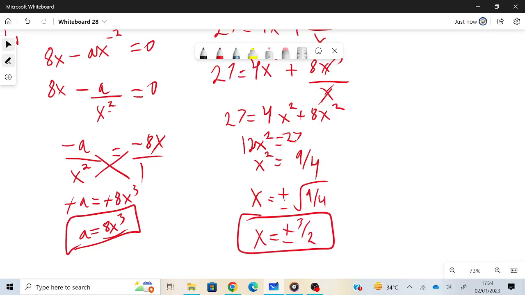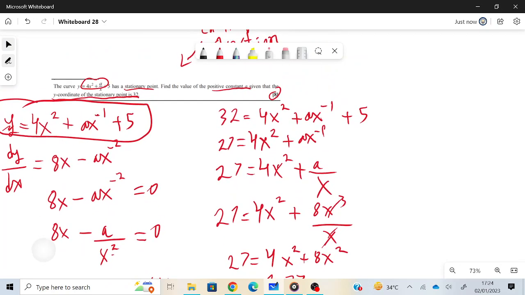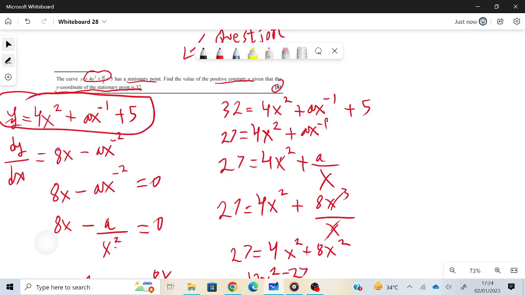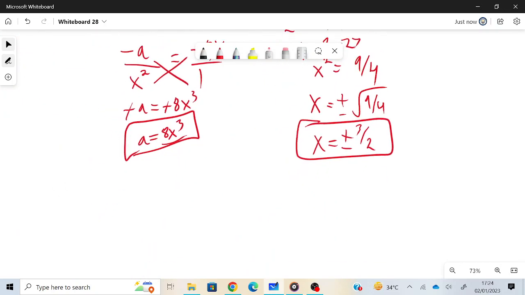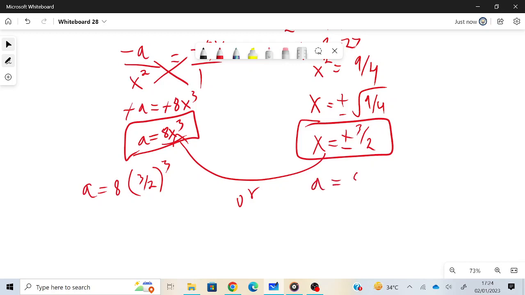Now, it said find the value of the positive constant a. We have two values for x, 3 over 2 and minus 3 over 2. Let's put both of them into our x over here. So we have a equals 8 times (3 over 2) cubed, or we have a equals 8 times (minus 3 over 2) cubed.